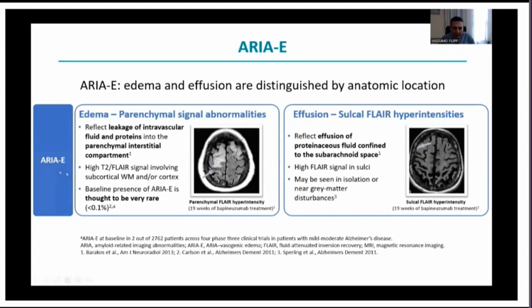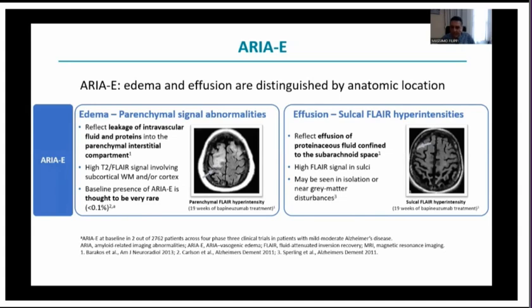I wish to remind you that ARIA-E are very rare at baseline, meaning that they show up during monoclonal immunotherapy of Alzheimer's disease. It is likely that they are really due to the effect of the drug.